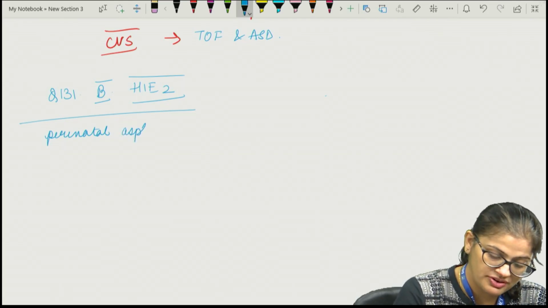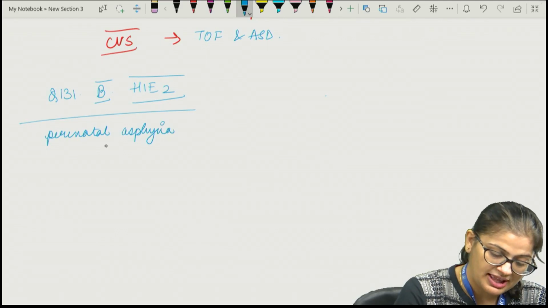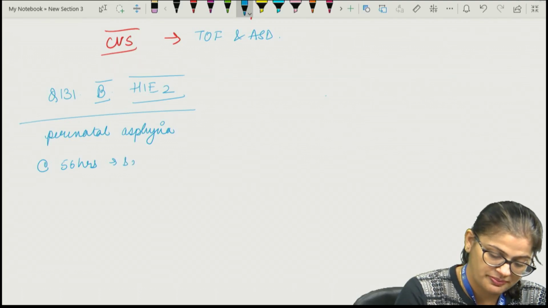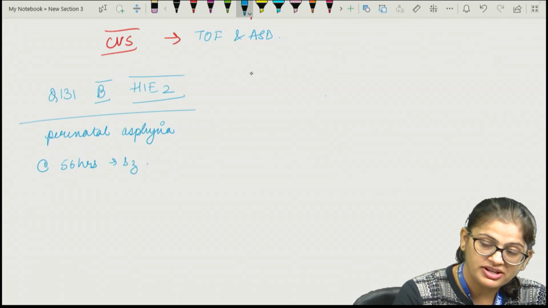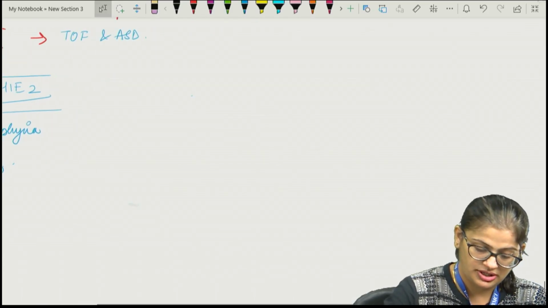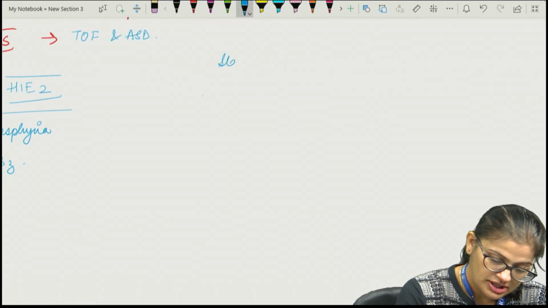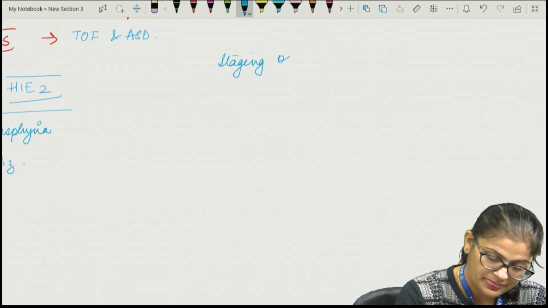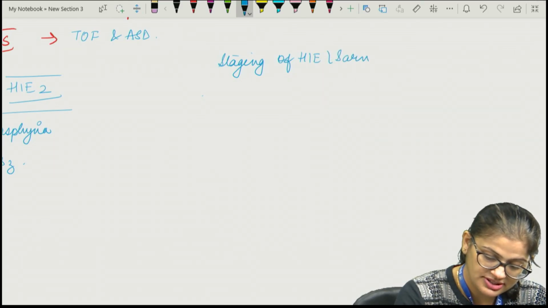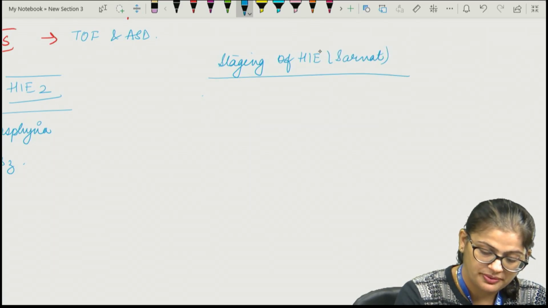So there was evidence of perinatal asphyxia, and then at 56 hours of life he developed seizures. So now he has progressed to stage 2. So what is the staging of HIE? I will discuss with you the Sarnat staging, by which this child is classified into stage 2.